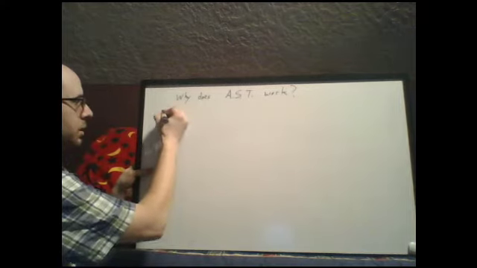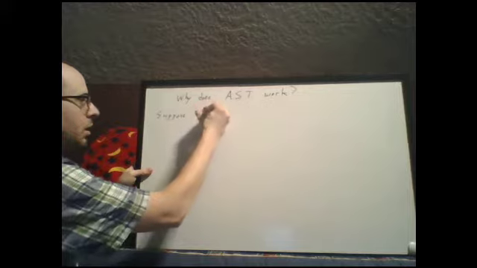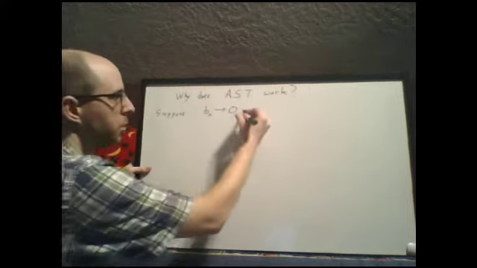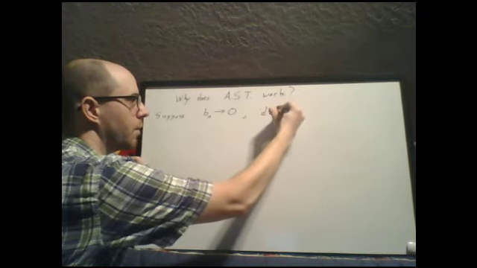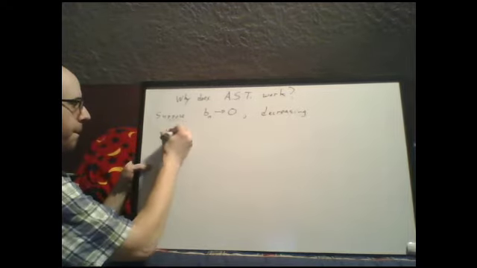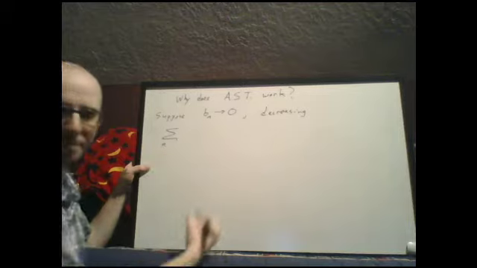Let's suppose the bn's approach 0 and they're decreasing. Then this is just going to be a proof by picture.